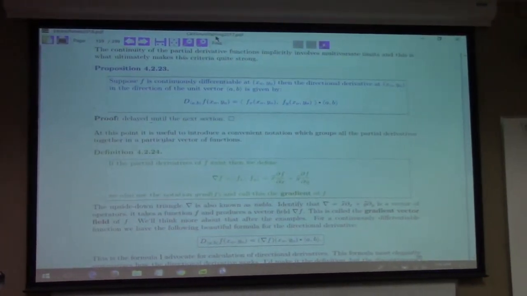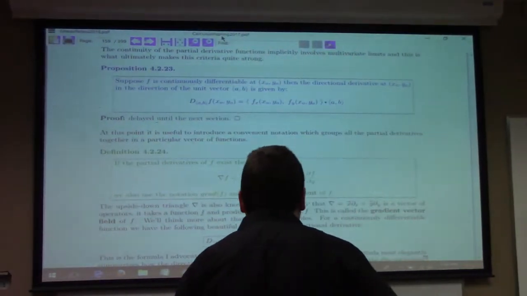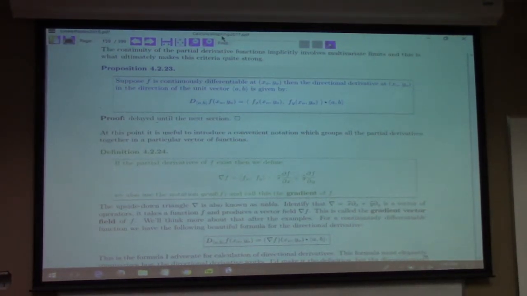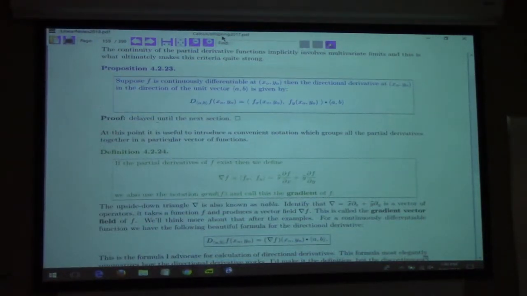There we go. So this formula up here is definitely true if the function's continuously differentiable. If the function's not continuously differentiable, if weird stuff goes on where the partial derivatives exist but are not continuous, then all bets are off and all kinds of weird behavior is possible.